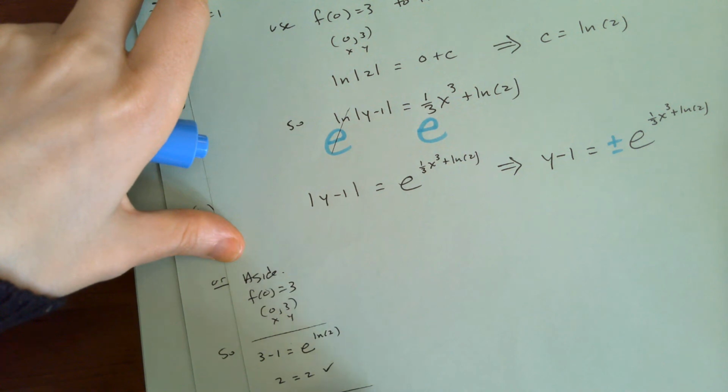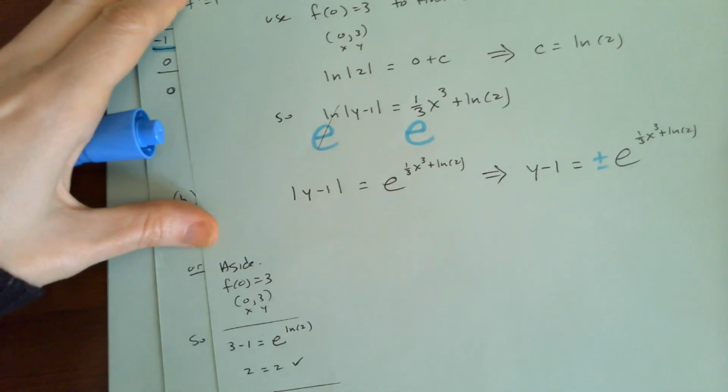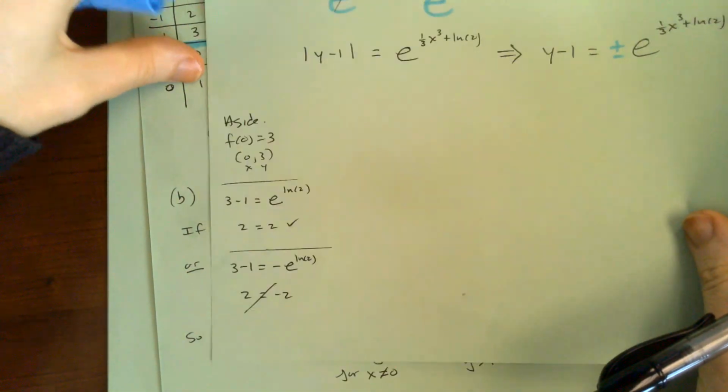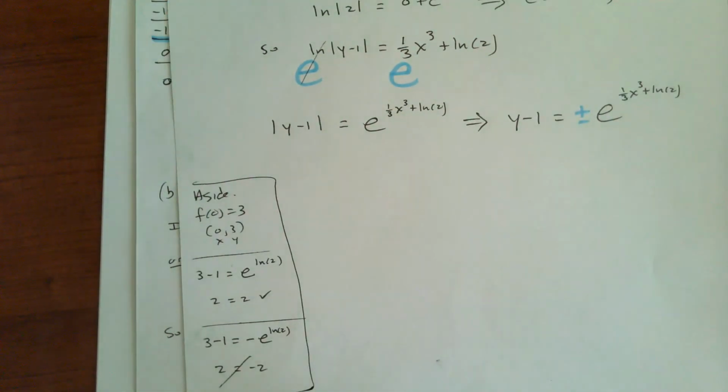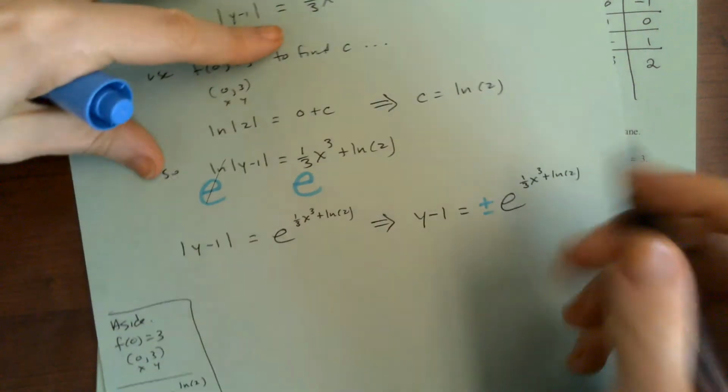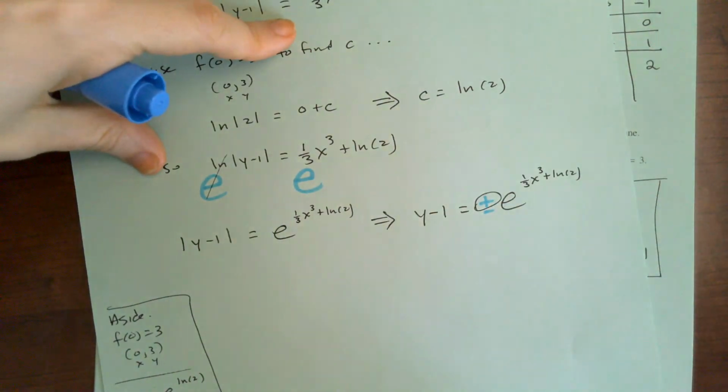The negative one wouldn't work. If you did 3 minus 1 equals negative e to the natural log of 2, you'd get 2 equals negative 2. That is not the case. So it's the positive one.